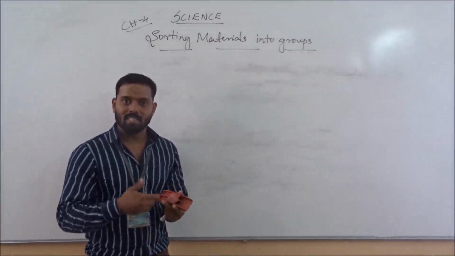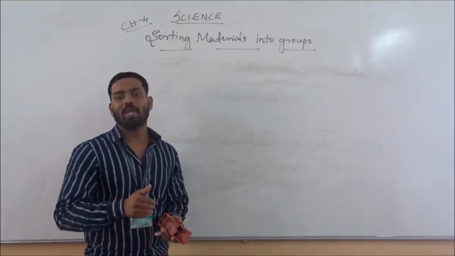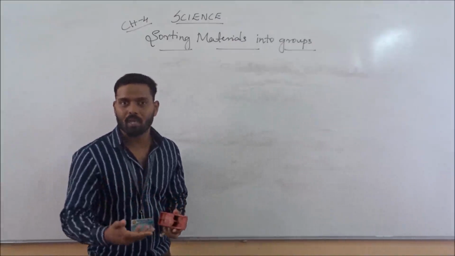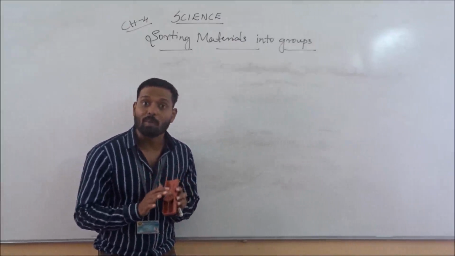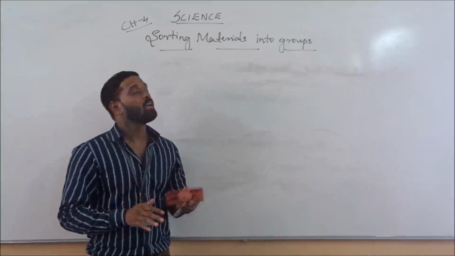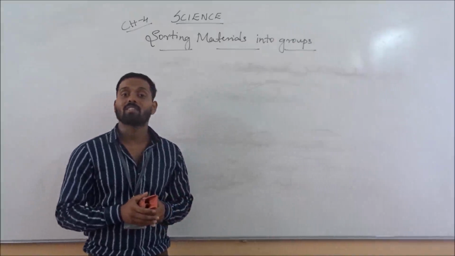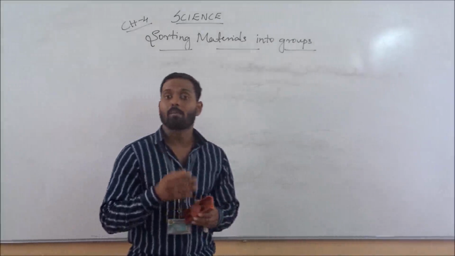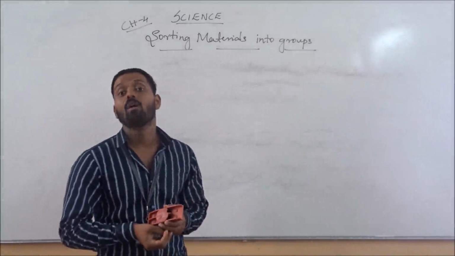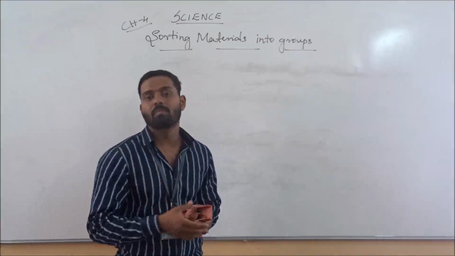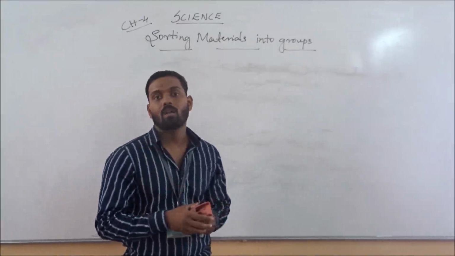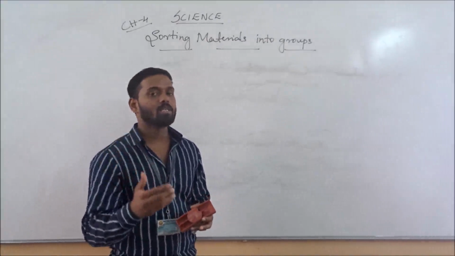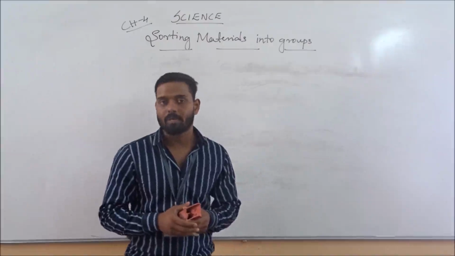Materials are the things which are necessary to make an object. If you want to make any object, materials are mandatory. Without materials, we cannot prepare any objects. Examples of materials: plastic is a material, metal is a material, cement is a material, bricks are a material, soil is a material, stone is a material. You can list numerous examples of materials.